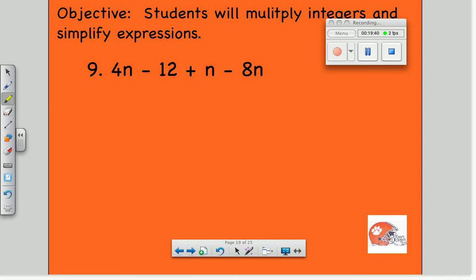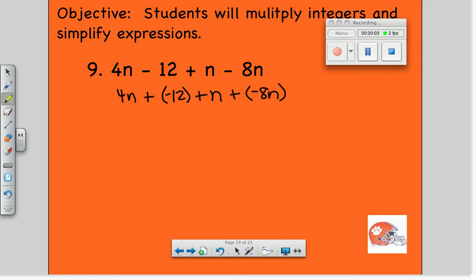But I can't do that until they're all addition. So I'm going to change them all to addition. So for n, I'm going to change this subtraction to addition, and this becomes negative 12. Plus n is already addition, so I leave it. Minus, I change to addition, and change 8n to the opposite, negative 8n.